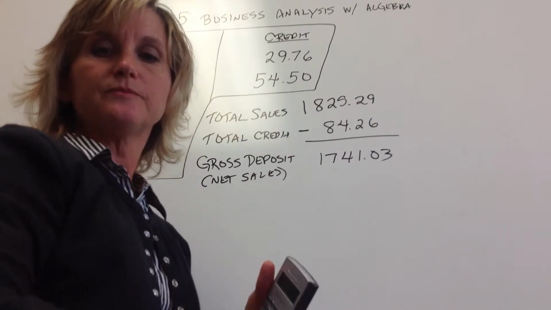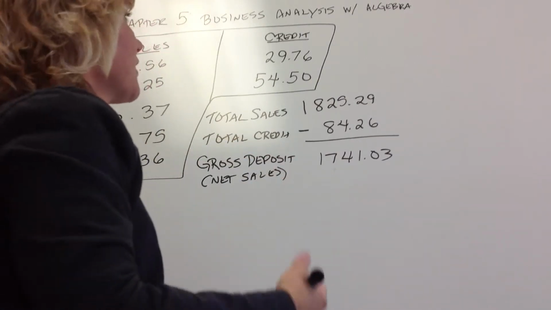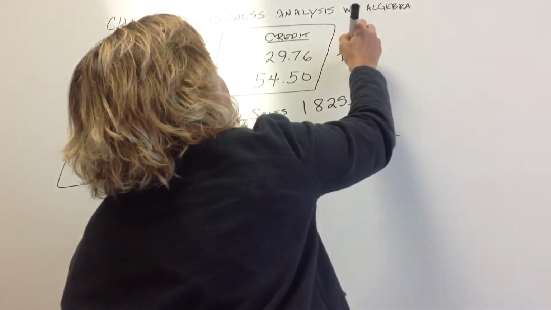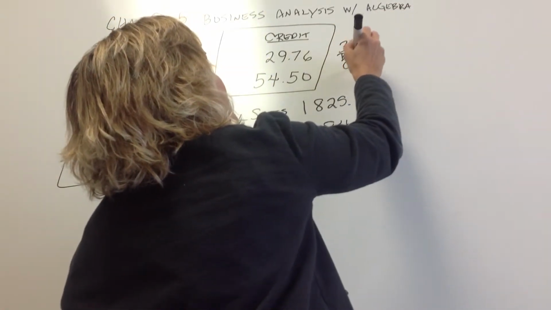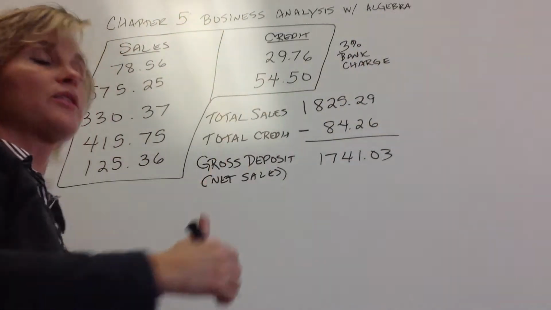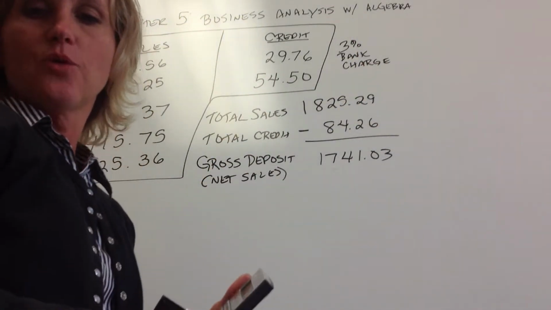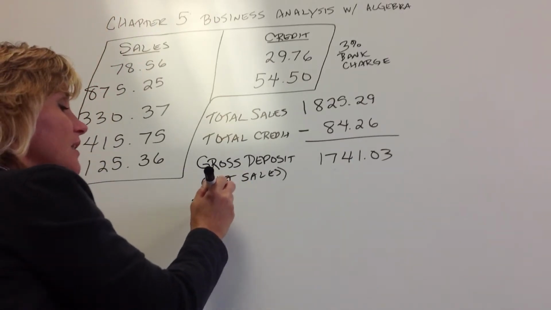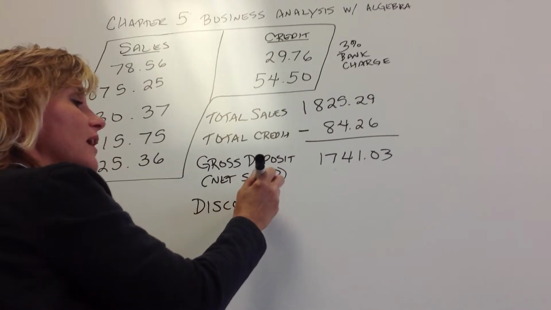$1,741.03. And say that there's a 3% bank charge. So for you to allow your customers to use credit cards, you're paying a 3% fee. So the terminology for that is discount. But then again, in this particular class, a discount is not good.